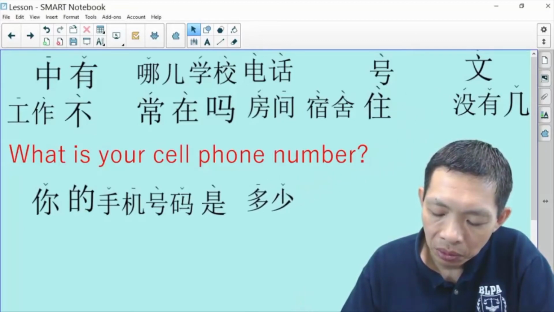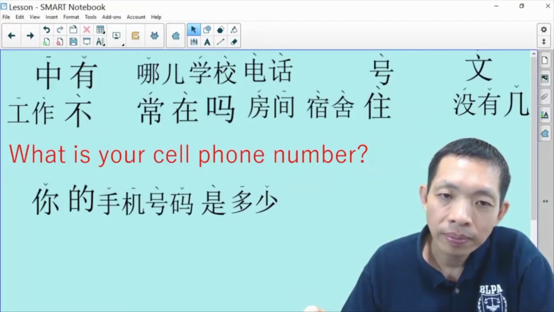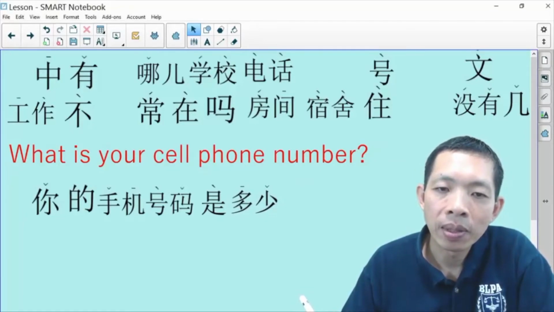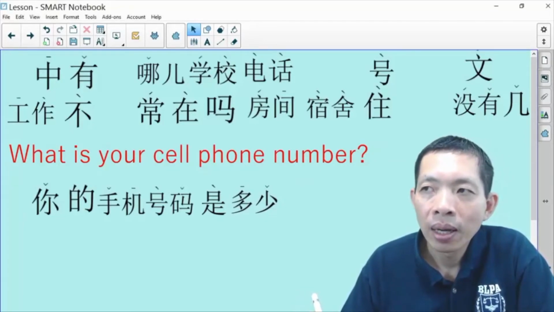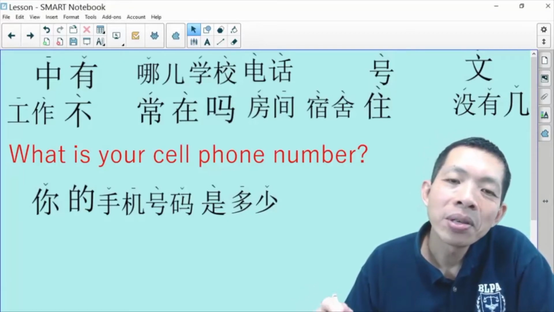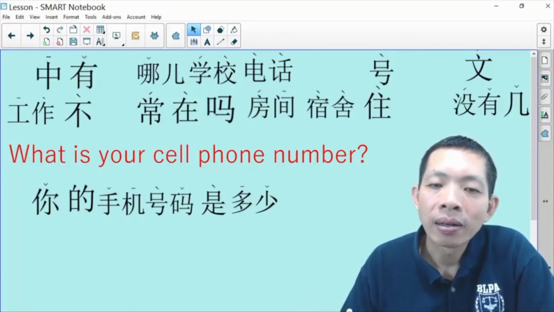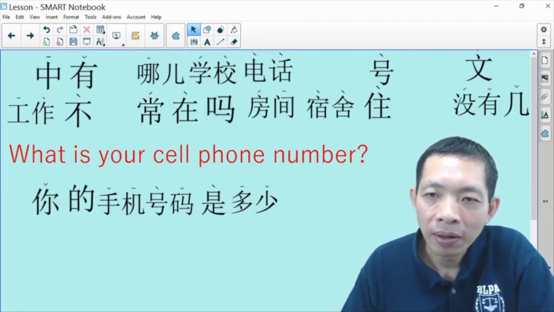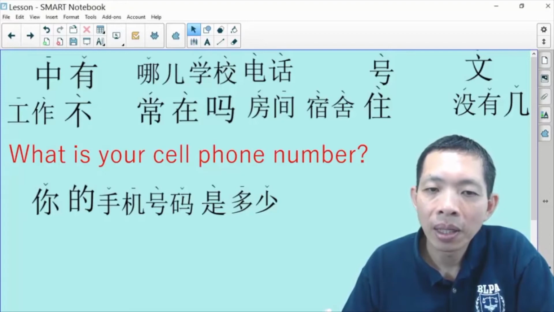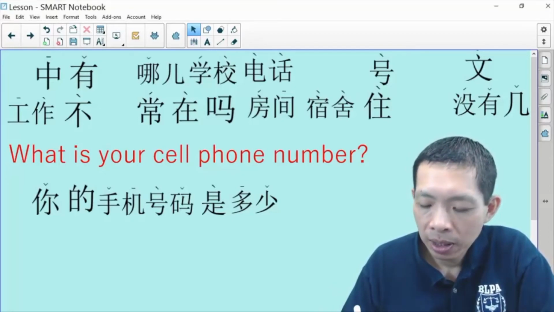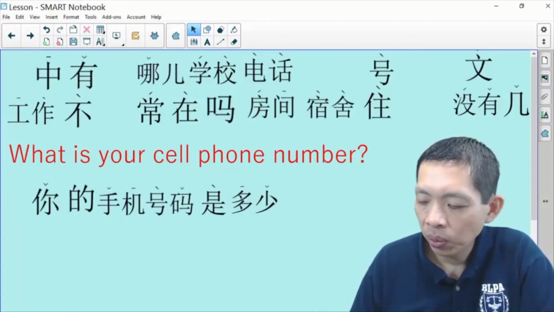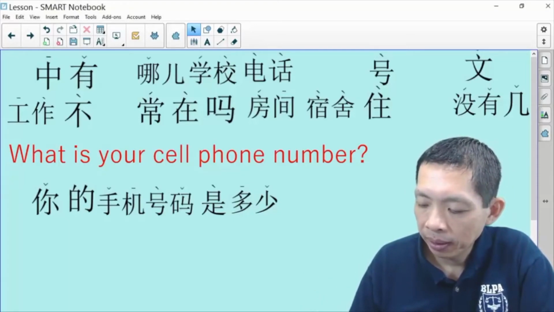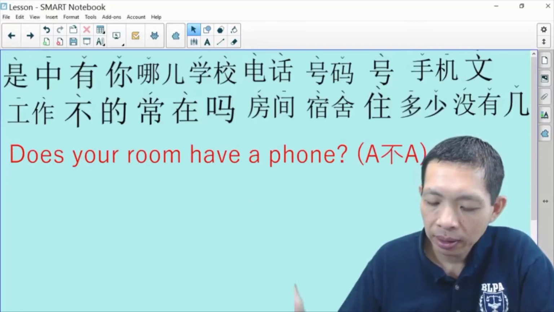Yeah, you have to use 多少 in here because, like we said, it doesn't mean what, it means how many or how much. You can think about it that way. If it's a 9 number, it's actually a lot of numbers, so we say how much or how many. But 多少 actually means what in plain English. Let's look at the next sentence.